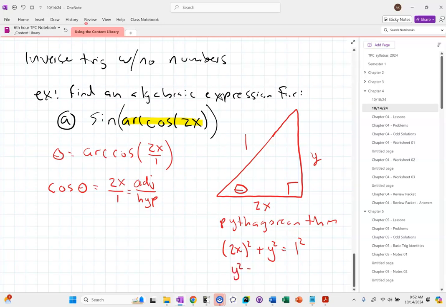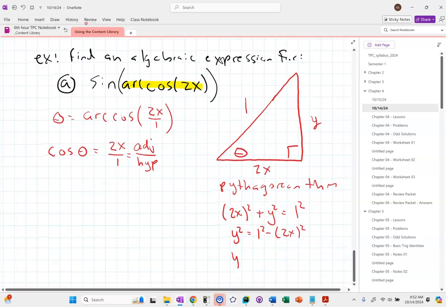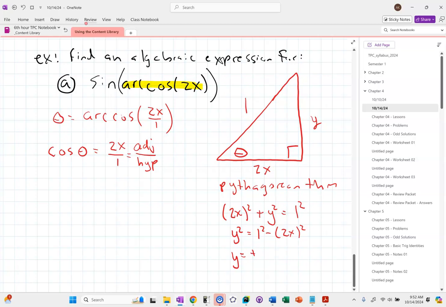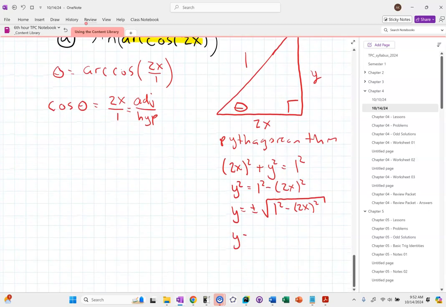So y squared is equal to 1 squared minus 2x squared, or y is equal to plus or minus the square root of 1 squared minus 2x squared. And now I'm going to drop the minus from the plus or minus and simplify the 2x squared.